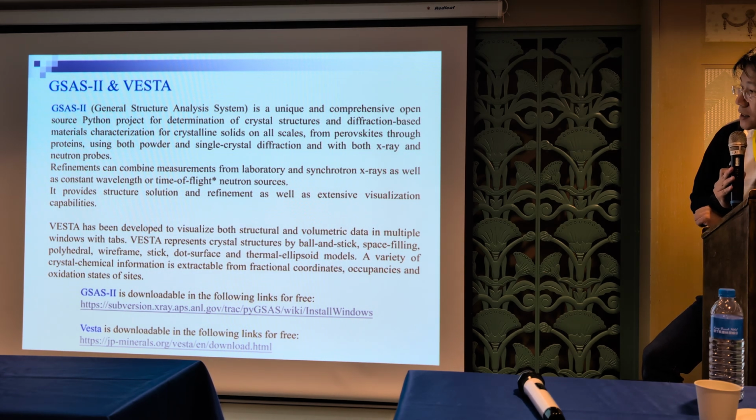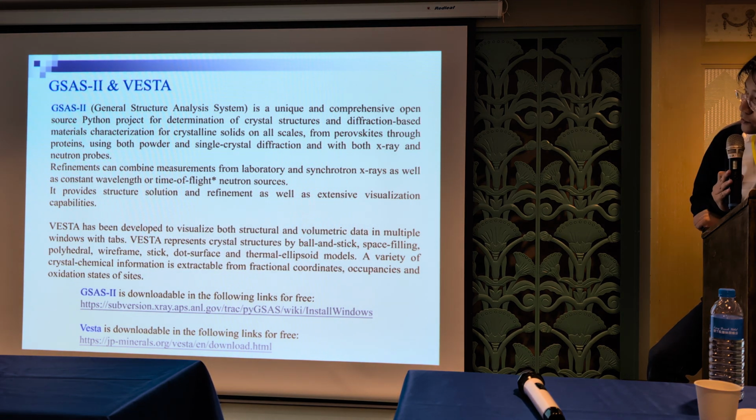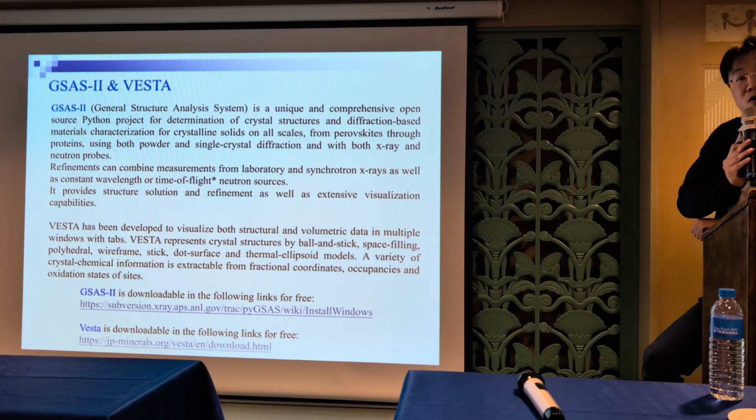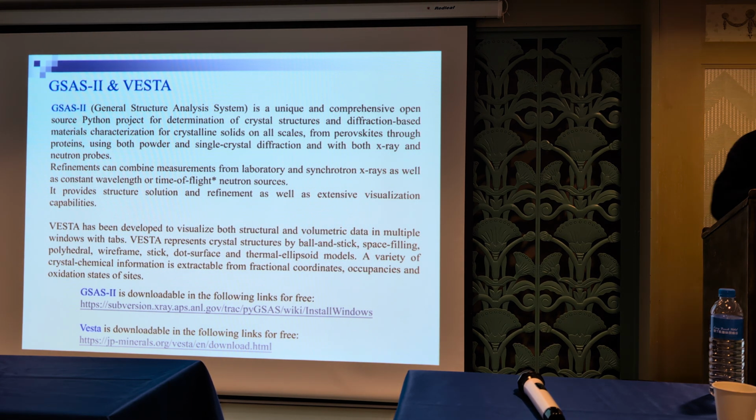VESTA is developed by Japanese researchers, and it is good to plot and draw the crystal structure from your refinement. So both software are very important for the structural refinement. You can download them from the following link or just from the barcode I presented in the beginning. Okay.